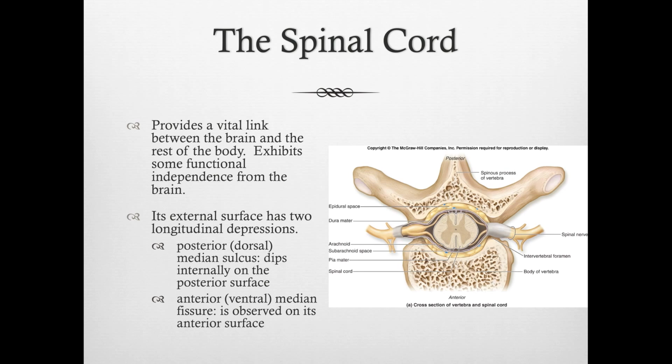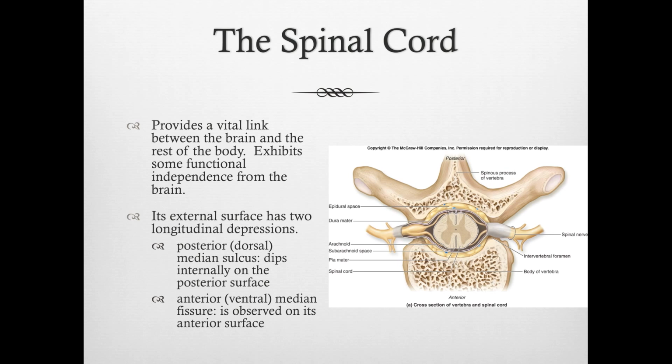Typically, again, we're talking about sensory information coming up into the brain, to be integrated, to be processed, to be used, to respond to, and then motor information leaving the brain through the spinal cord and out to the peripheral nervous system so that a response can be made, a response in terms of muscle movement or glandular secretion.